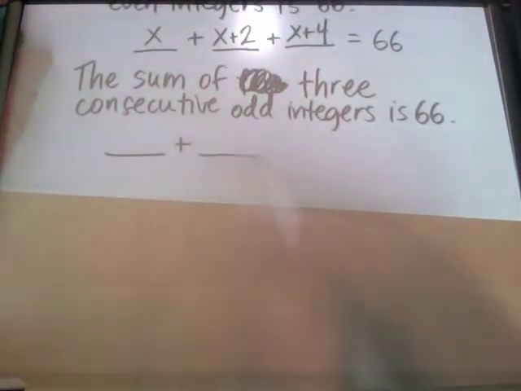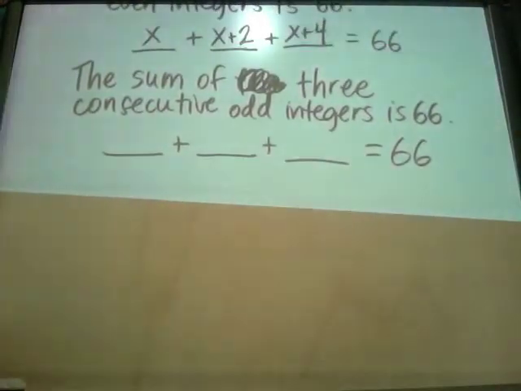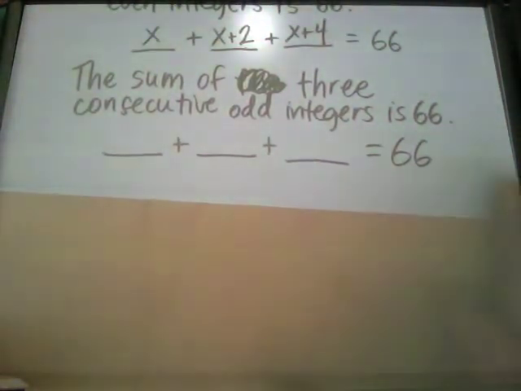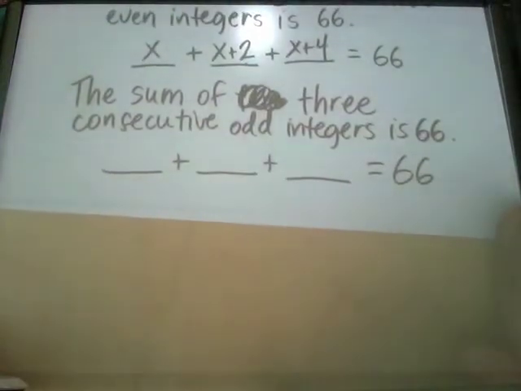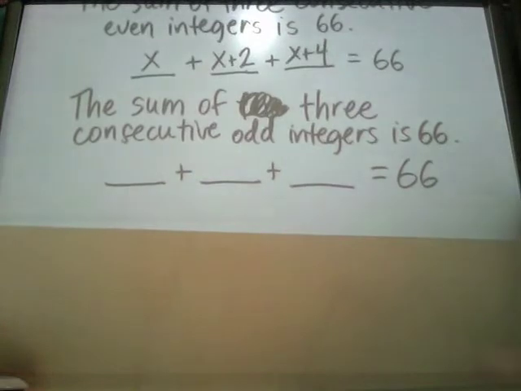So I'm keeping everything the same so we can just focus on the part that says these are odd integers, consecutive odd integers. The sum of 3 consecutive odd integers is 66. Now, of course, as you do it, you're going to have different answers at the end. They're not all going to be 66.